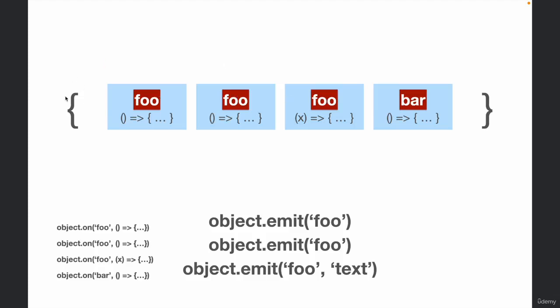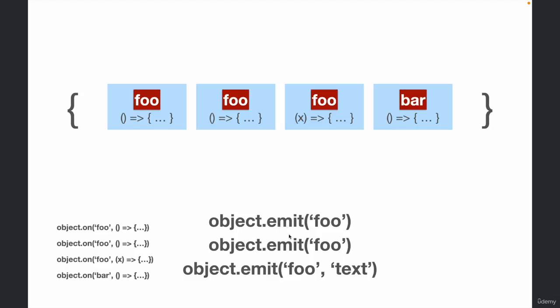So this is an object, and this object has 2 items inside of it. The first item is foo, and the second one is bar. Both of these are arrays, so they hold arrays. The first one, which is foo, has an array of length 3, and it has 3 functions. We're going to take a look at that in just a minute. So this is really what happens when you run the on method and also the emit method.